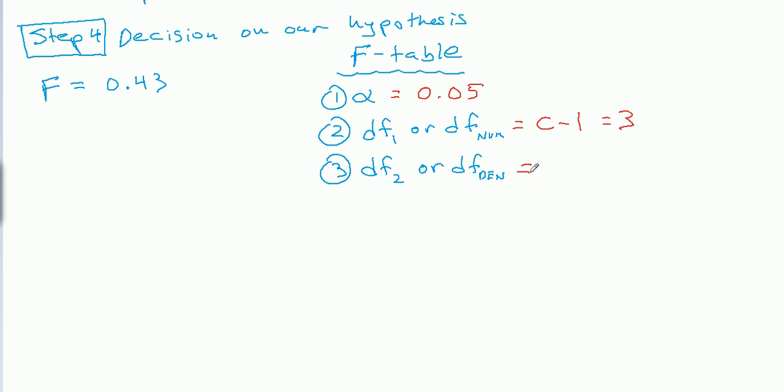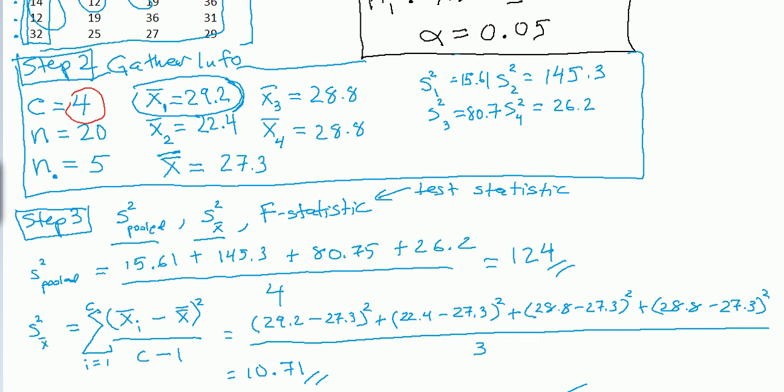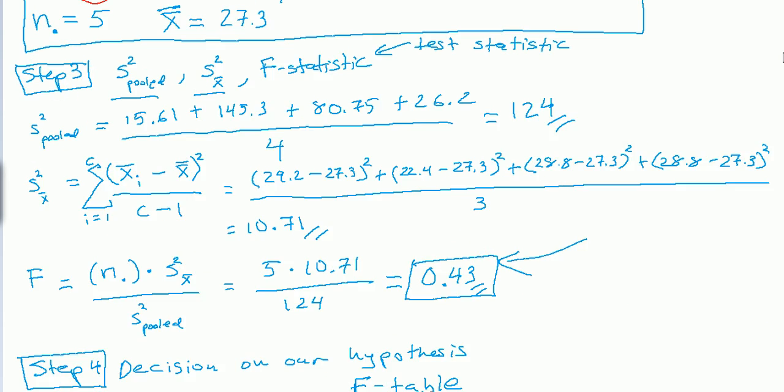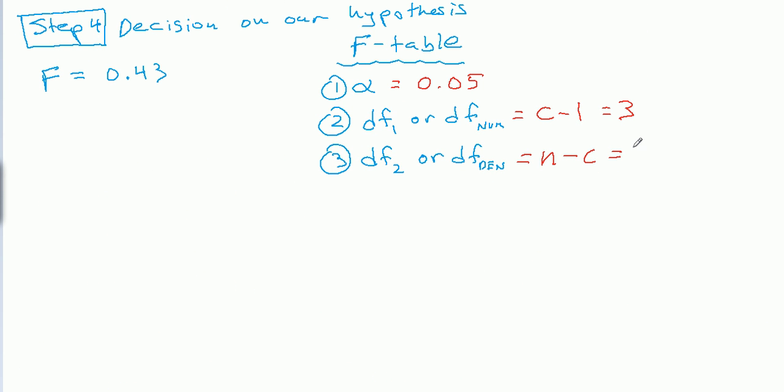The denominator degrees of freedom, or DF2, is calculated as N minus C. N was 20, C is 4, so 20 minus 4 is 16.